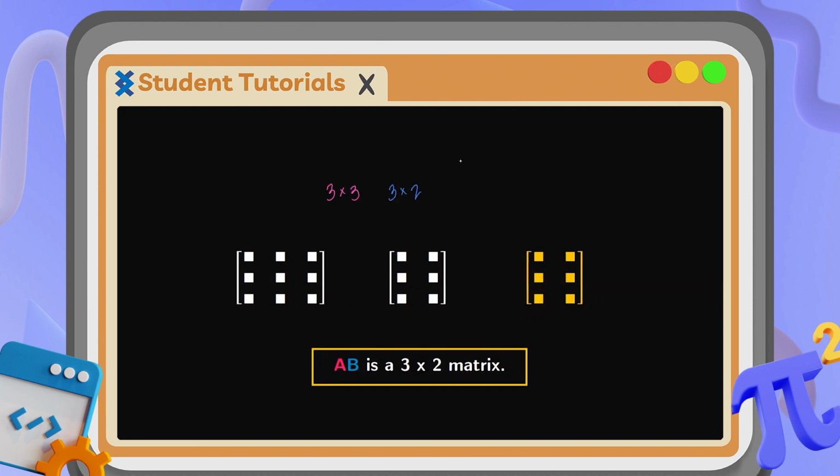And based on our definition a while ago, to get the product of two matrices, you need to first satisfy that the first matrix has dimensions m by k, and the second matrix has dimensions k by n. So we need to make sure that the k, or the number of columns of matrix A, and the number of rows of matrix B are equal and should be the same for matrix multiplication to work.